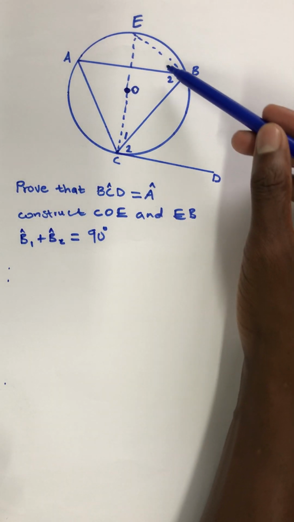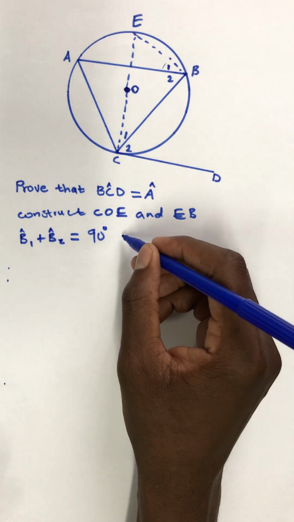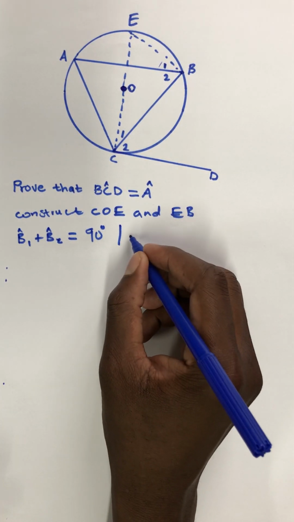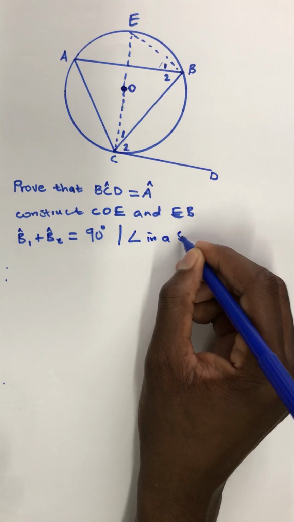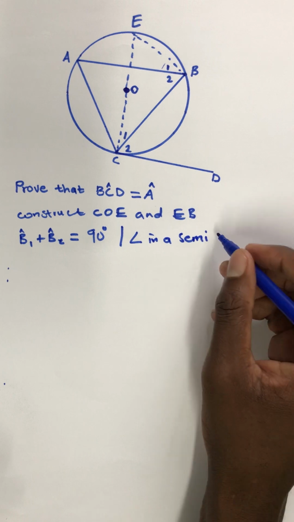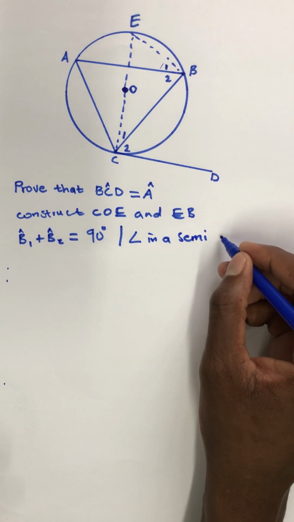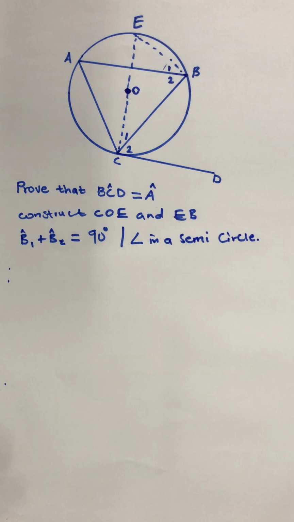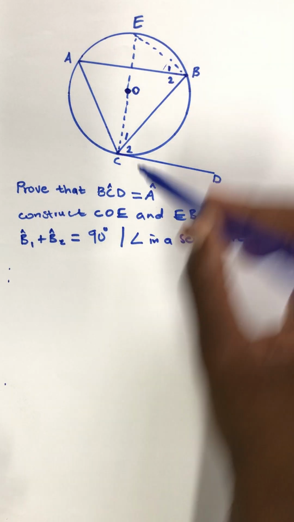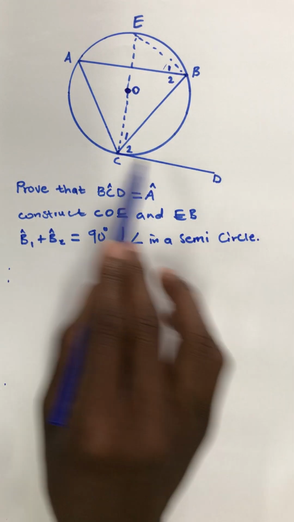Since this angle is subtended by a diameter, the reason we're going to say is angle in a semicircle. Remember, semi means half, so it's an angle in a half circle. So this is a diameter and this is a tangent.